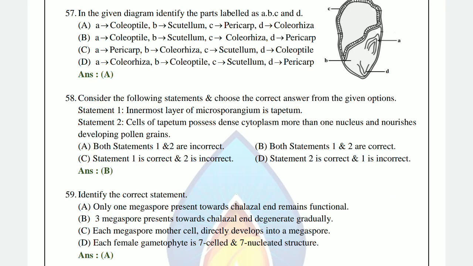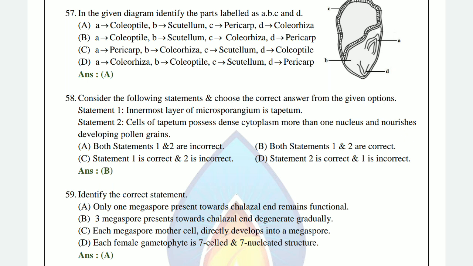Question 57. In the given diagram, identify the parts labeled as A, B, C and D. The correct option is A, that is A is coleoptile, B is scutellum, C pericarp and D is coleorhiza. Question 58. Consider the following statements and choose the correct answer from the given option.